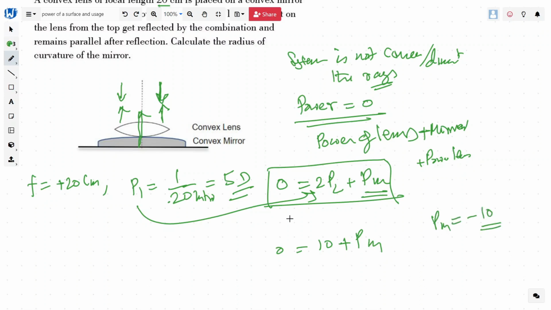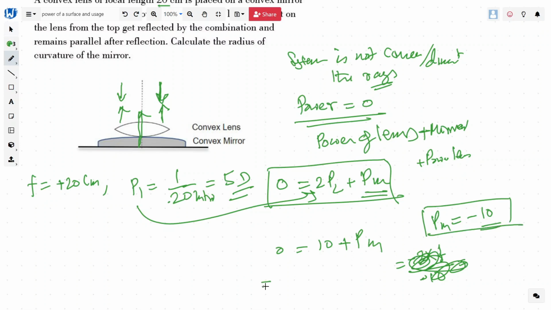Okay, and now can we calculate the radius of curvature using the power of the mirror equation? It is very simple, minus 2, and it is lying in the air, so 1, and divided by the PM, which is minus 10. Sorry, let's write down this one, right? The PM of this one is known, right?